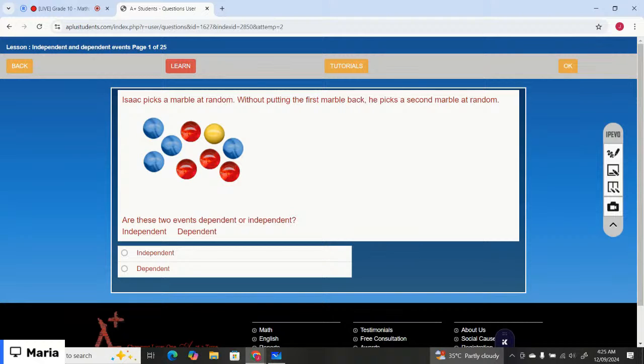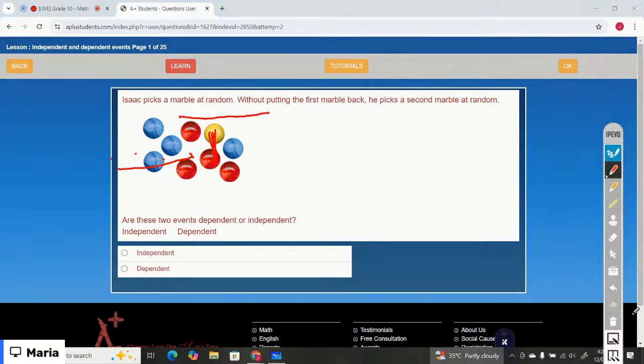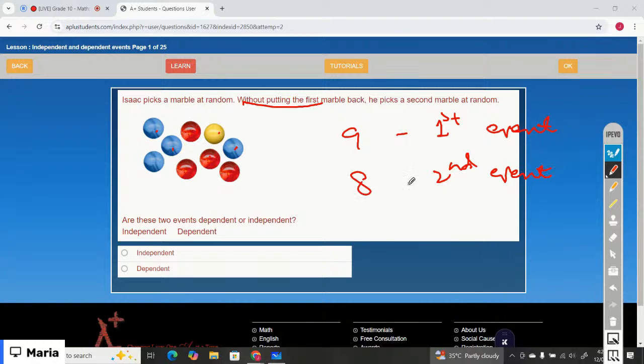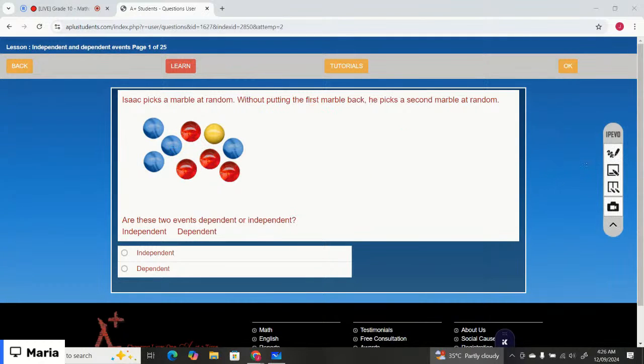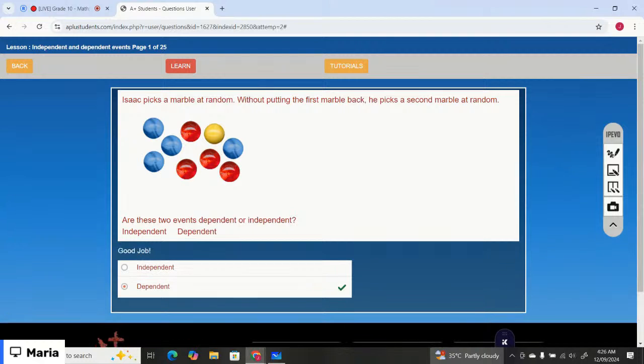Are these two events dependent or independent? So for the first event, he has one, 2, 3, 4, 5, 6, 7, 8, 9 marbles, right? That is for the first event. But he didn't put the first marble back. For the second event, he has 8 marbles, right? That means the events are dependent because for both events he has different outcomes. So the correct option is dependent events. Option number 2 is the correct option. They are dependent events.